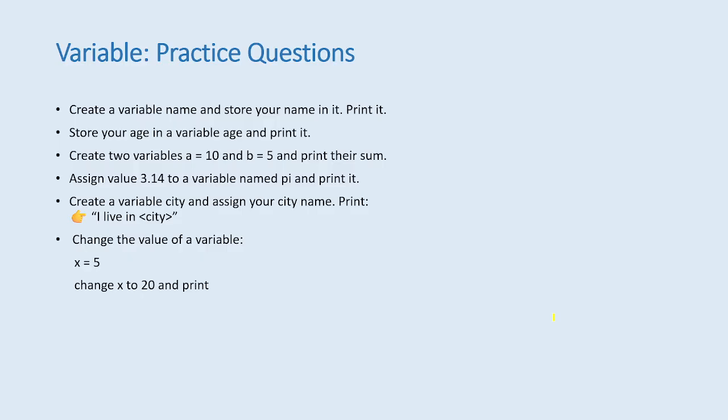Create a variable city, assign your city name to it and print the statement, I live in that city. Change the value of a variable: first assign x equal to 5, then change the value of x to 20 and print it. Practice these questions and let me know in the comment section what your answers are.